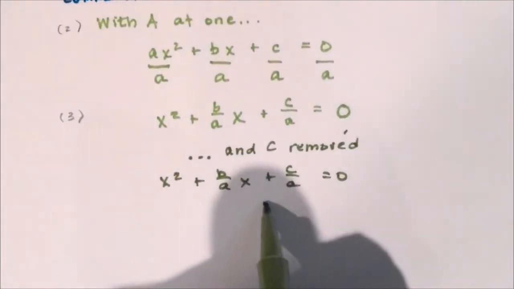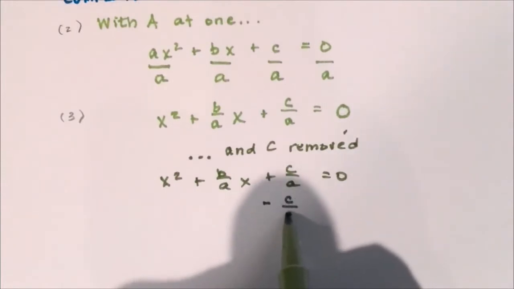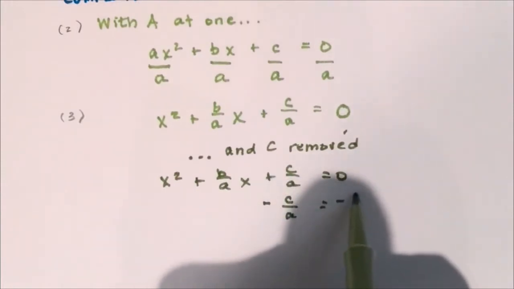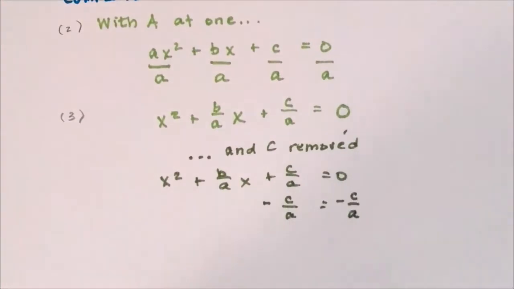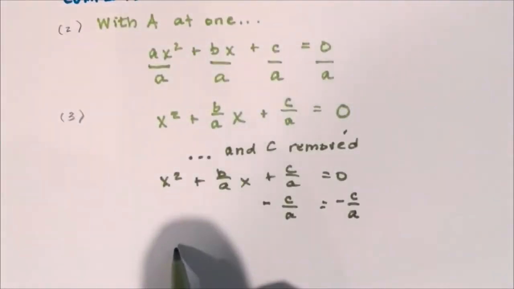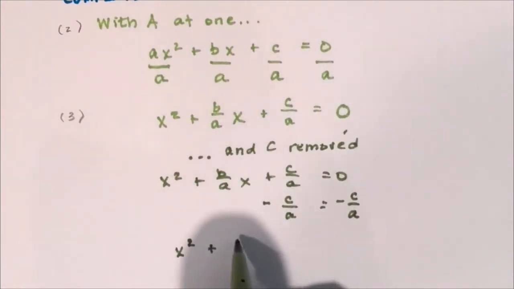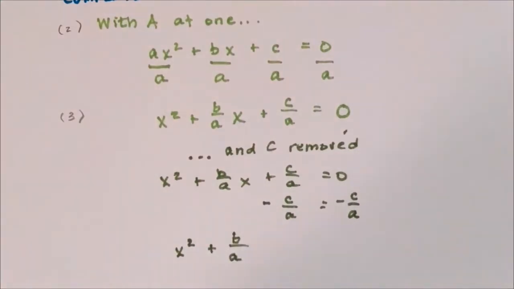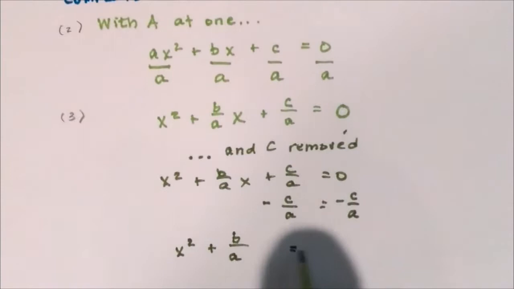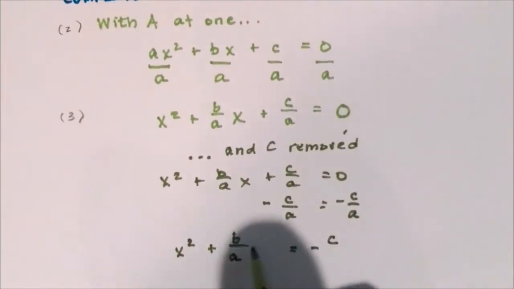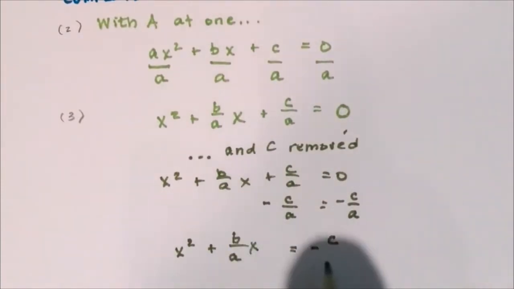I am going to subtract c over a from both sides. And I get x squared plus b over a x equals minus c over a.